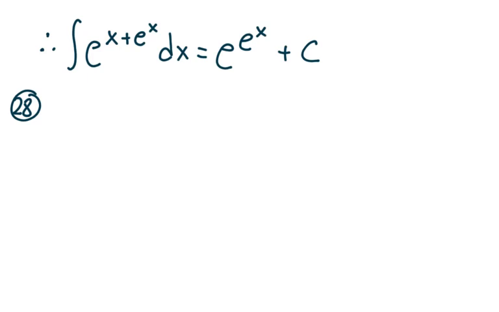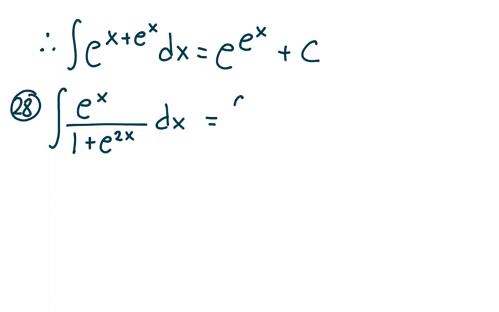Suppose I had the integral of e to the x over 1 plus e to the 2x dx. So what I would recommend is maybe thinking about it this way.